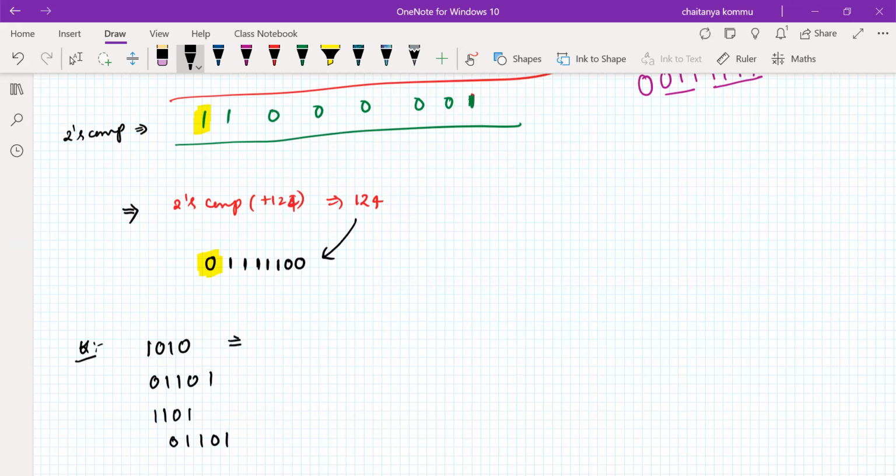So what is its value? These numbers are represented in 2's complement representation. Then what is its equivalent decimal number? Now the question is, what is its decimal equivalent?